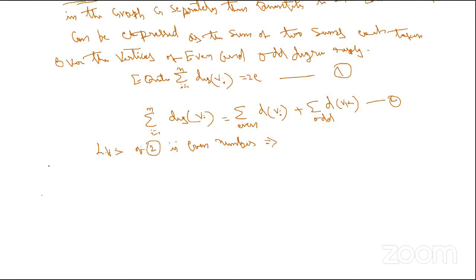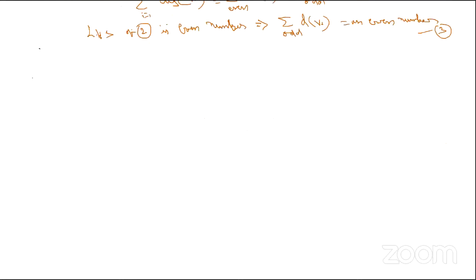That implies sigma over odd d of Vi equals an even number. This is equation number 3.